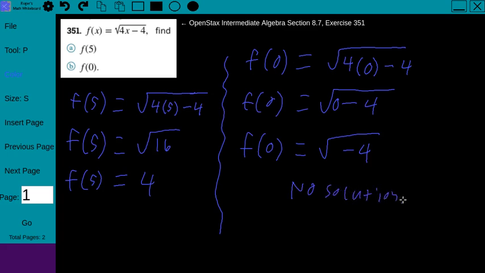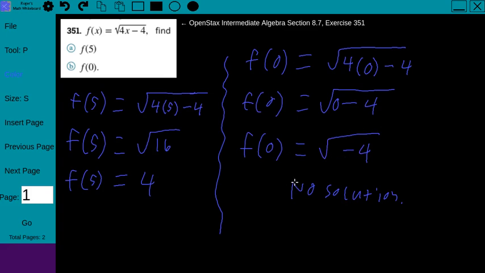Unless you've already covered imaginary numbers, in which case it's imaginary something or other. But for the context of this problem, they want you to understand that the square root of a negative number doesn't really make sense.